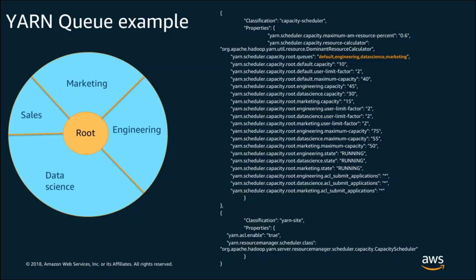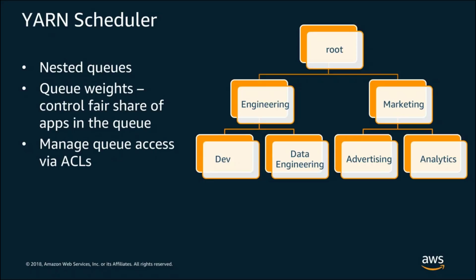And what you see on the right-hand side is a JSON configuration that can be supplied during an EMR cluster launch, where you can specify the number of queues that you want to create, as well as the capacity that you want to allocate to each of those queues. Again, this is an example of capacity scheduler, and you can create a similar one for the fair scheduler as well. The fair scheduler also supports the concept of hierarchical queues.